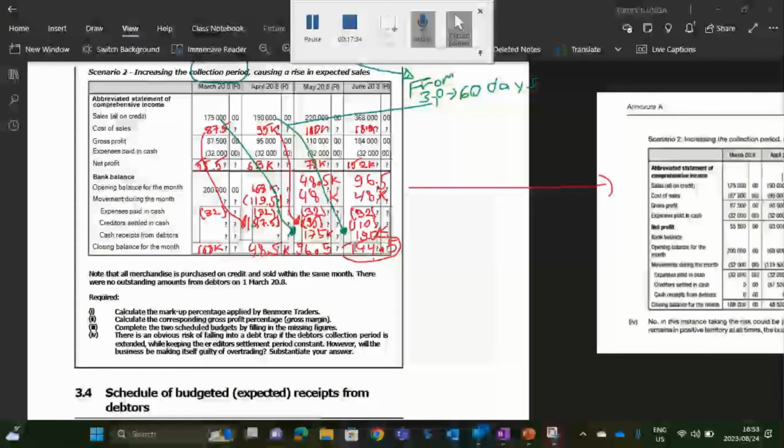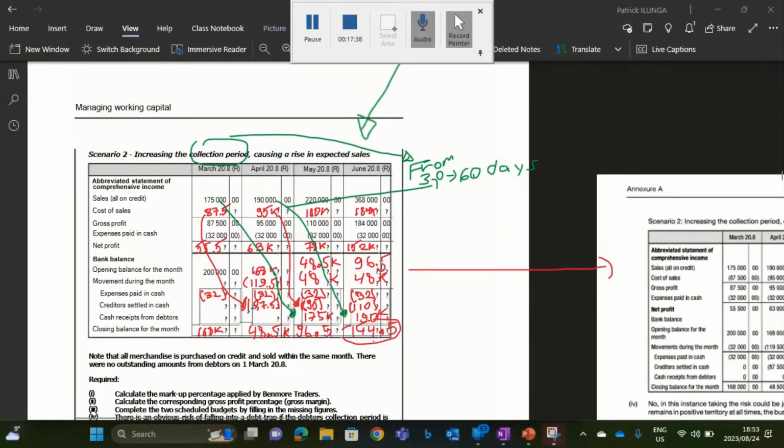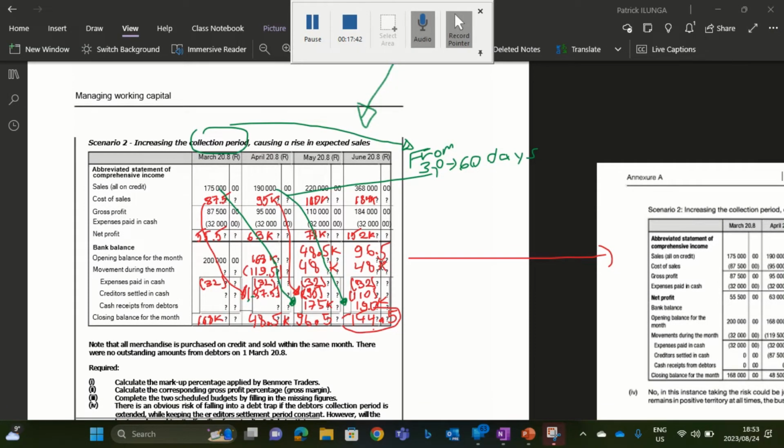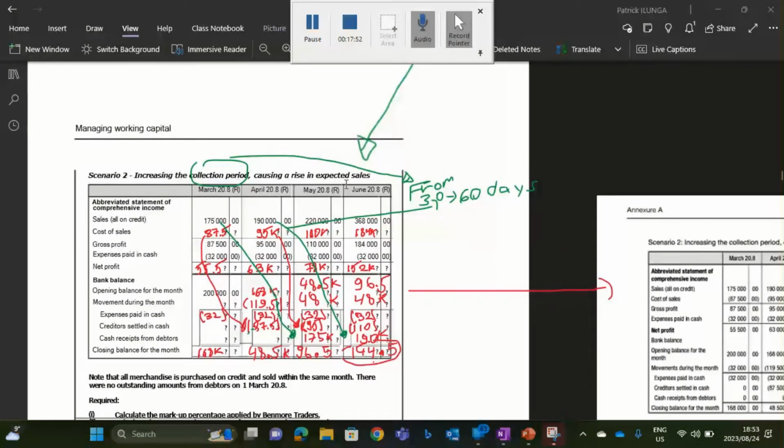And it seems like at the end of June, the closing balance is still positive. So this company's decision to increase the collection period from 30 to 60 seems to be working out for the objective that they had of increasing the sales over that period.